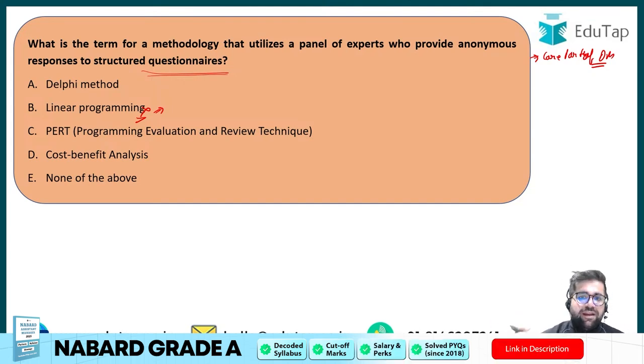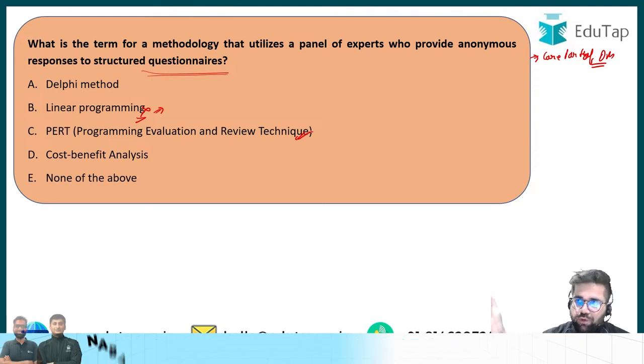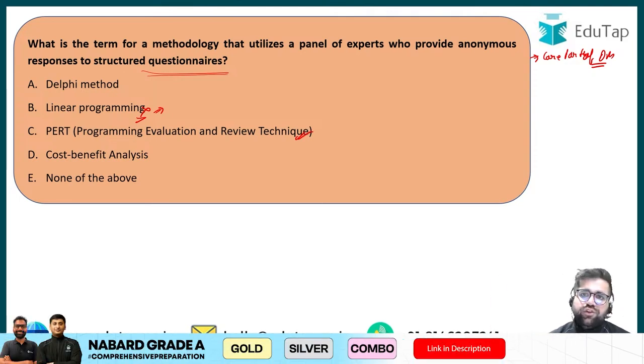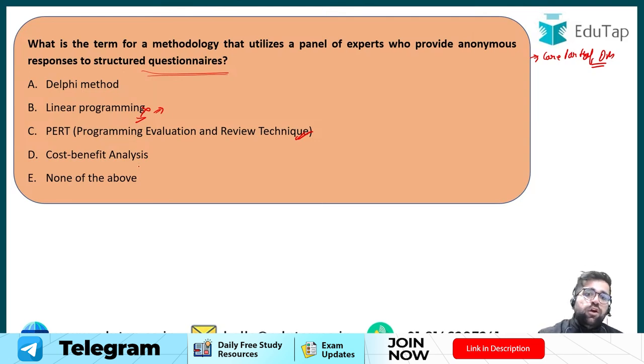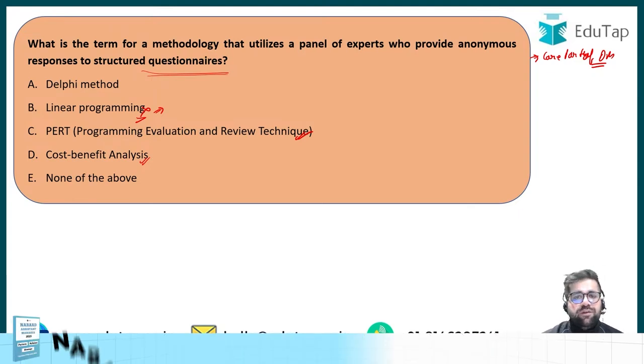PERT, Program Evaluation Review Technique, basically means how you will move from one place to another place. What is the shortest way to reach that particular place can be found by PERT. One more method associated with PERT is CPM, Critical Path Method. Okay. Cost benefit analysis means what? That you are comparing cost to the benefits. If benefits are above cost, definitely you will make the decision.